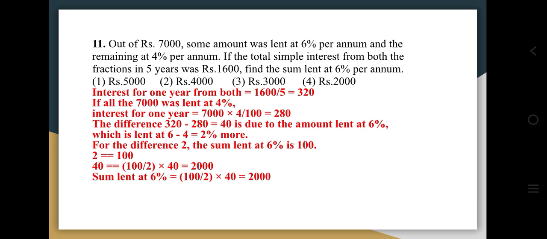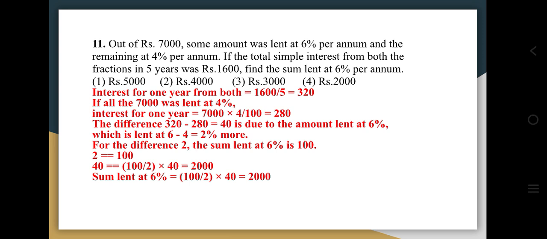The interest rate difference is 2% here in this problem. If the difference is 2, the sum lent at 6%, the highest percentage, is 100. So 2 corresponds to 100. What does 40 correspond to? So quickly you can do it in this way.